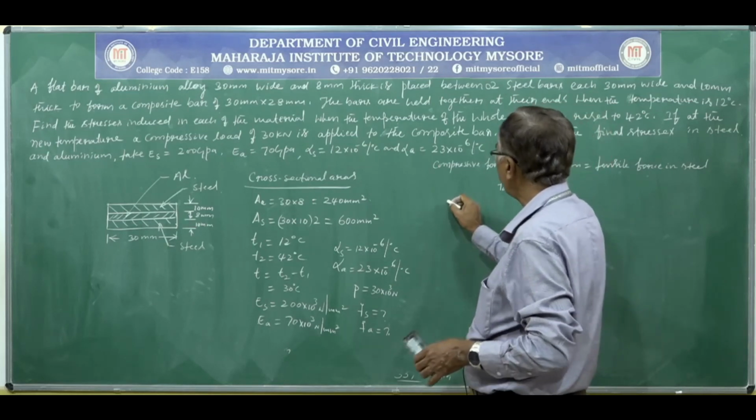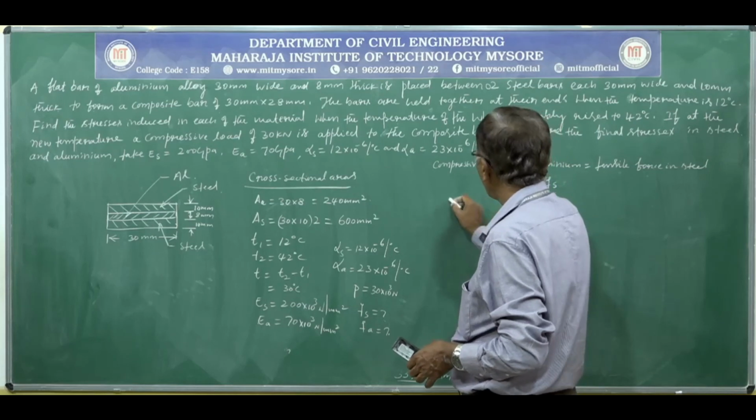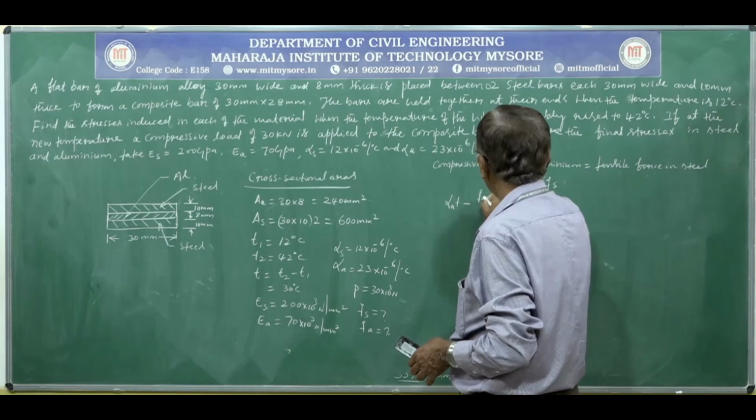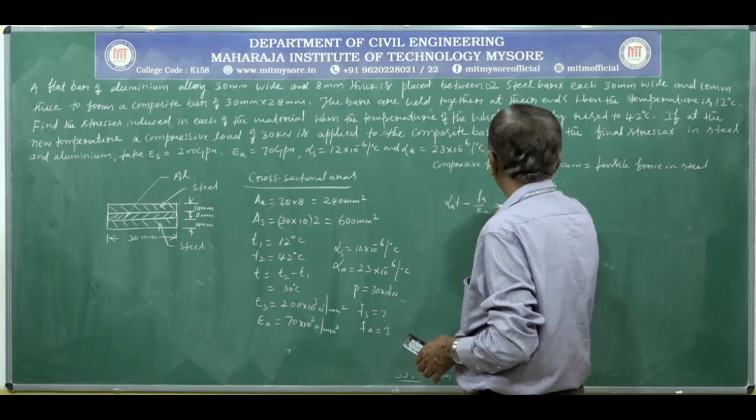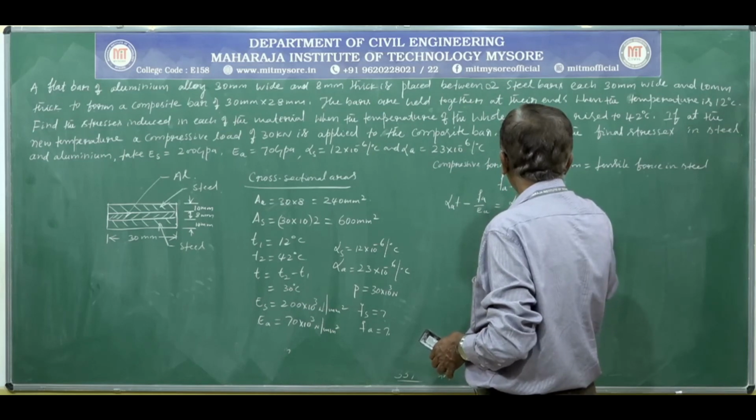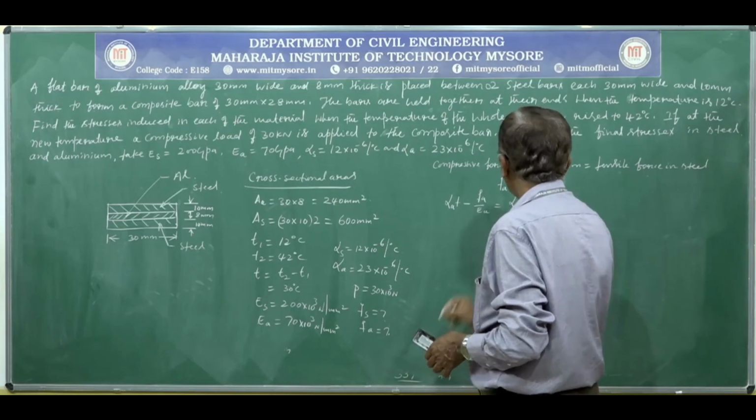Next, the compatibility expression is alpha A T minus Fa by Ea is equal to alpha S T plus Fs by Es.